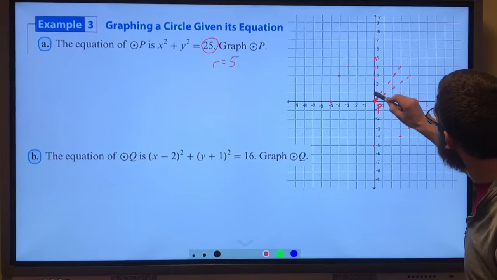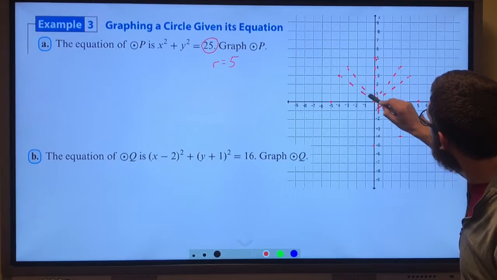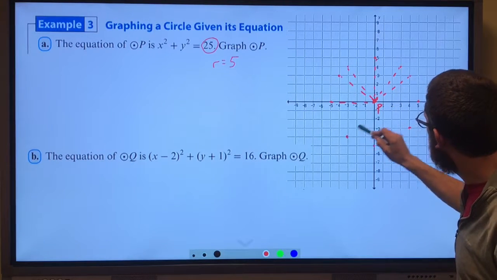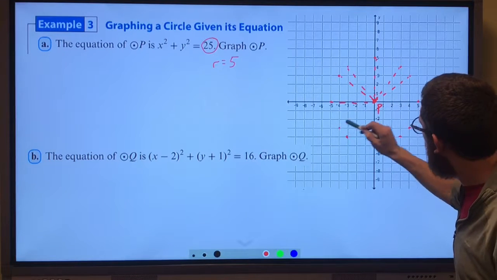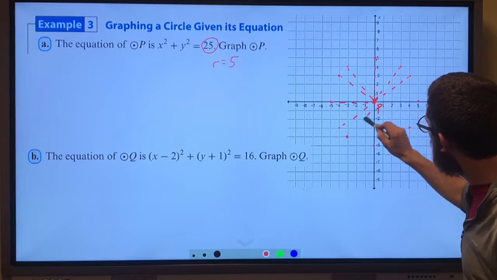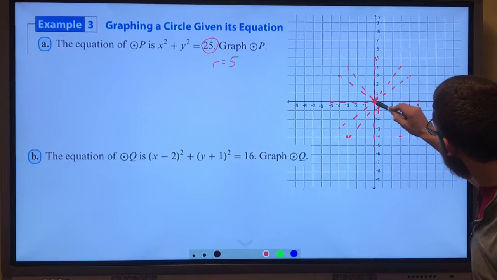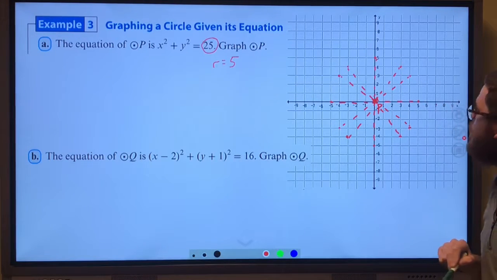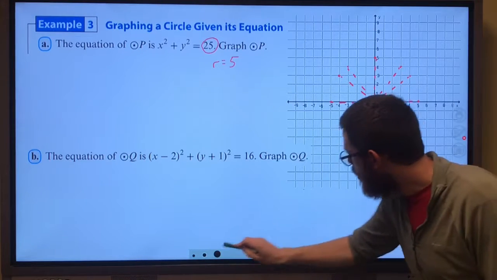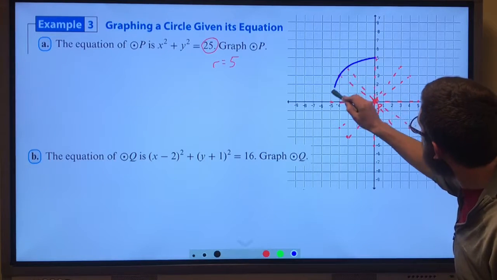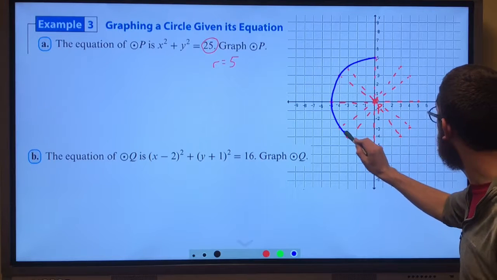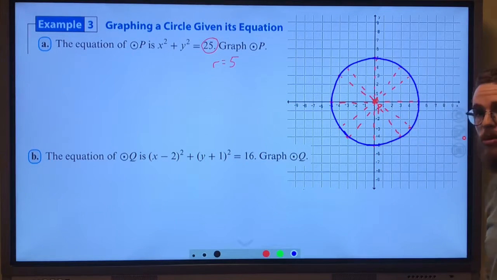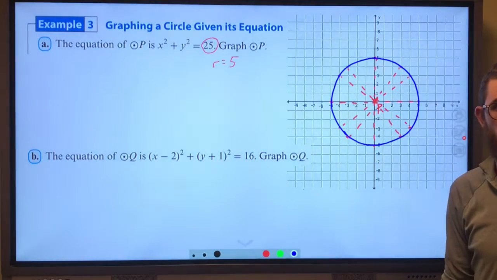So I'm just using that fact to give myself some more points. This may be more than what you would actually want to do, but it makes me happy. I am doing as many points as I can possibly find that would all have a radius of 5. Now I can connect them. Look at that. That gives me a pretty darn good looking circle right there.